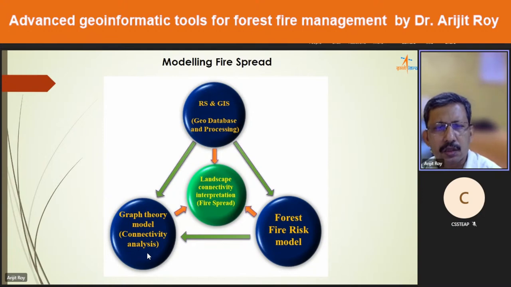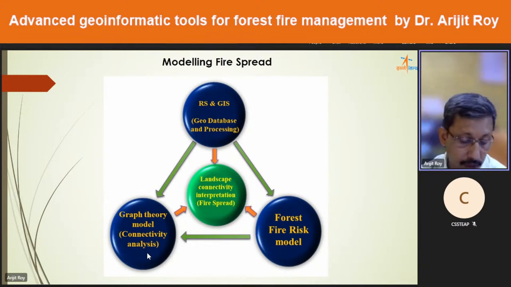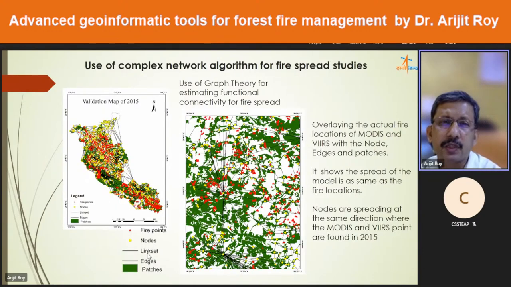Second is the connectivity. And third is the movement of fire across the landscape based on the connectivity and the directions.